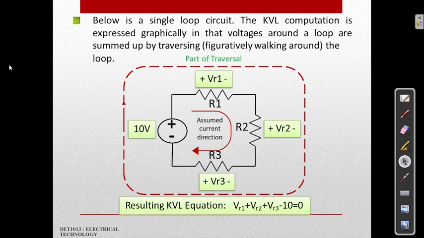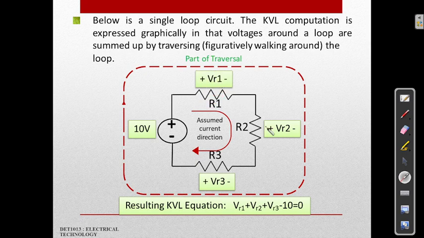You can see here, below is a single loop circuit. The KVL computation is expressed graphically, in that the voltages around the loop are summed up while traversing the loop. Here there is a 10 volt source, and here are resistance 1, resistance 2 and resistance 3. Across this resistance, what is the value?